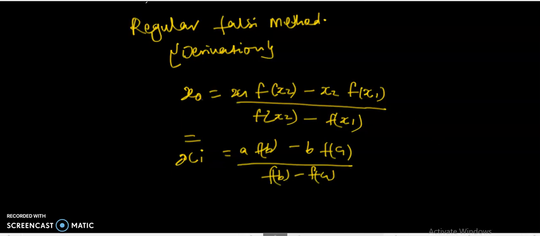Of course, x naught represents xi, and we know that f b is simply f of x2. So this is exactly what we are going to be dealing with, but I prefer using a f of b minus b f of a divided by f of b minus f of a. So let me take you through the derivation on how we arrive at this formula. Stay tuned and enjoy the derivation.